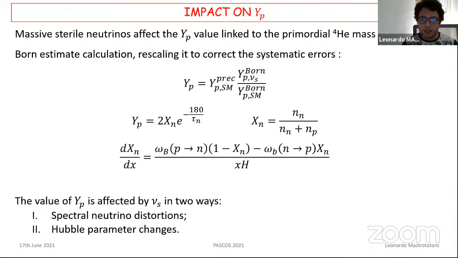Sterile neutrinos affect the epsilon p evolution in two ways: through the spectral distortion of active neutrinos and electrons, and through the change in the Hubble parameter, where the energy density of the sterile neutrinos plays a role.